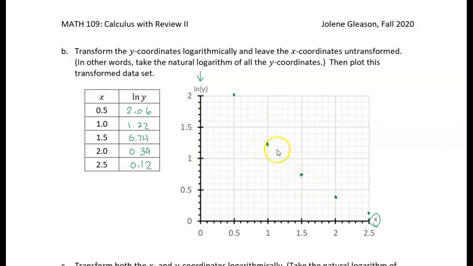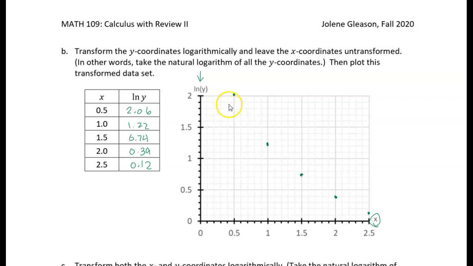So what I would do now is take a ruler and try to fit this curve, just eyeballing it. Now you could do some kind of linear regression if you wanted to and do this more systematically. But for the purposes of these problems I would just use a ruler.